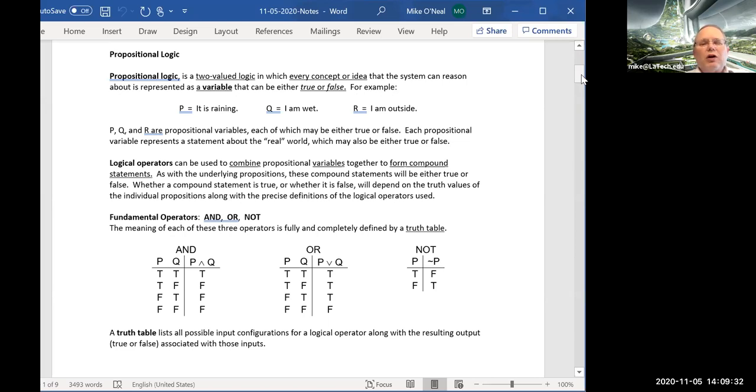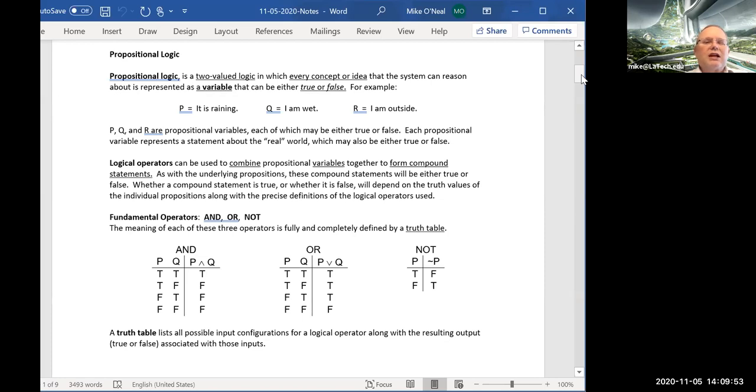The computer doesn't know those mappings to real world concepts. It just knows P, Q, and R. But when we think about problems, we assign concepts or ideas to those propositional variables. Propositional variables are binary. They can either be true or false.